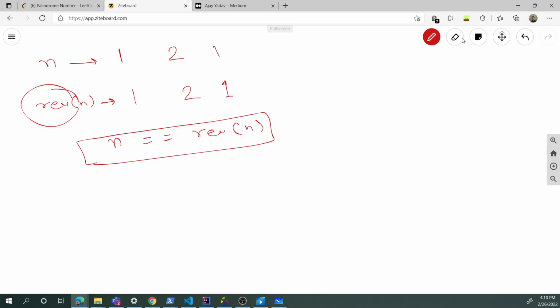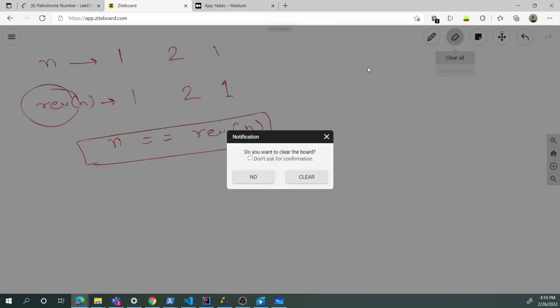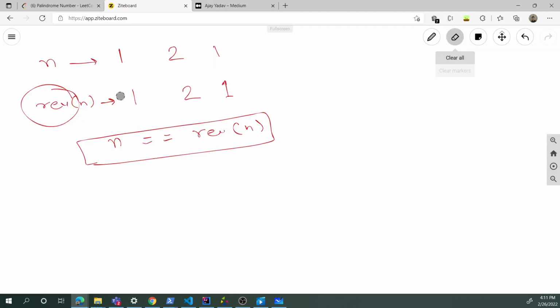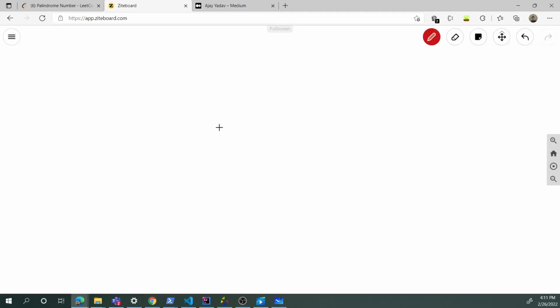So let's try to understand how we can reverse a number. Take any number as an example, say 1, 2, and 3. We take a reverse number, initialized with 0.